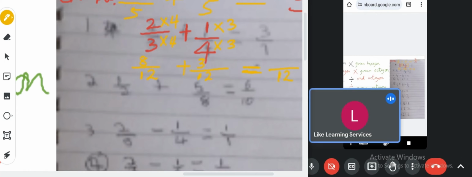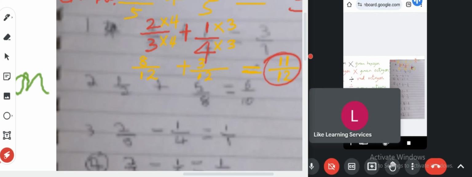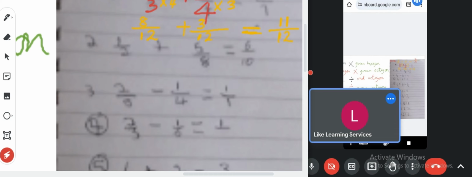Yes. So let's add it because this one is addition. 8 plus 3 gives what? Make sure you're concentrating. 8 plus 3 gives 11, okay? So the answer is what? Read out the answer. It is 11 over 12. 11 over 12. Okay, I need us to do this number 3.